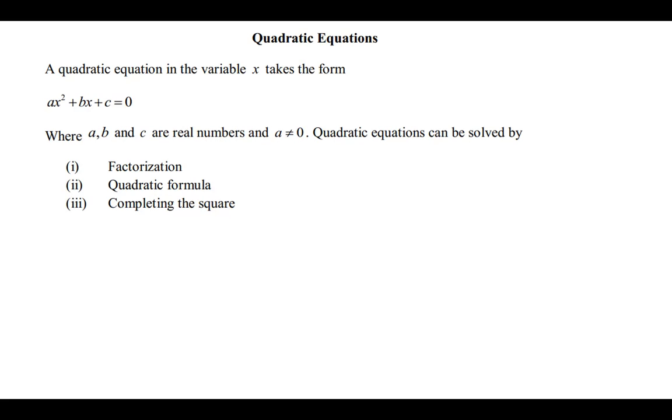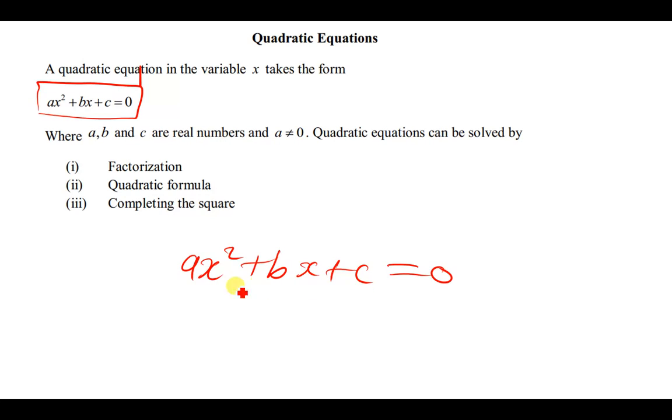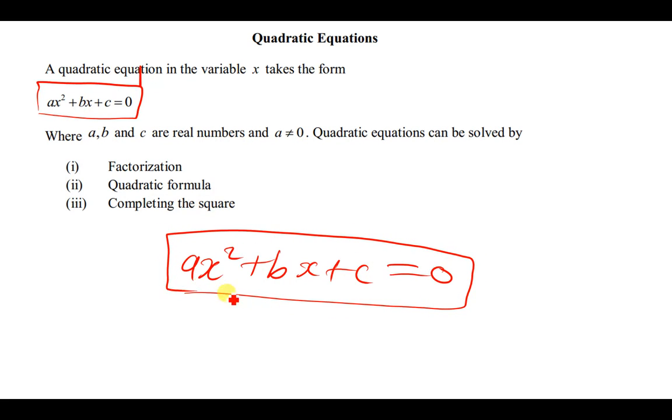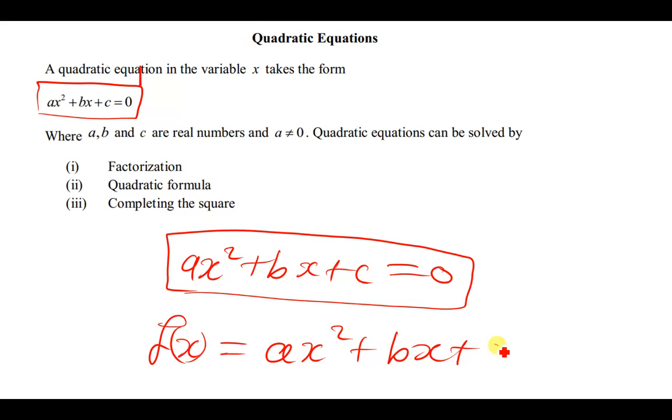Alright, so let's quickly look at this. A quadratic equation is simply any equation that takes the form ax squared plus bx plus c is equal to 0. And any expression that takes the form ax squared plus bx plus c is a quadratic function.